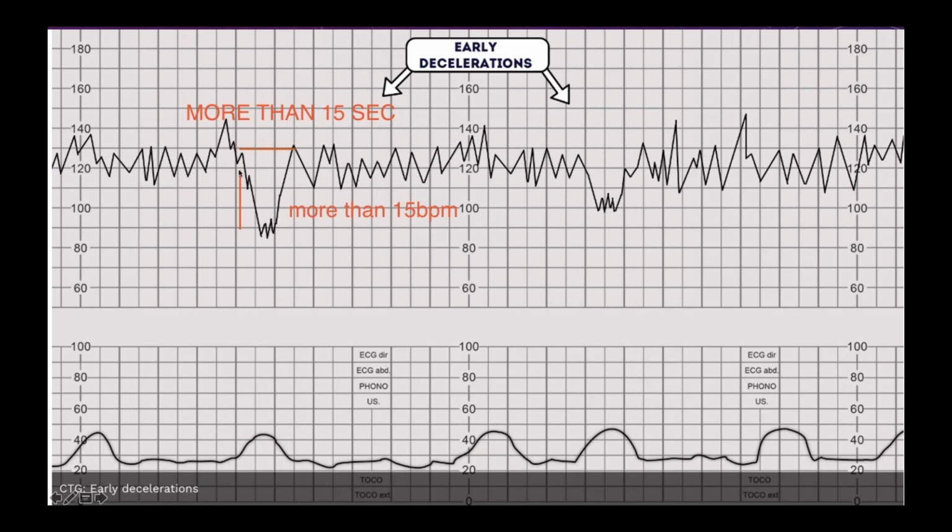And it is 3 boxes, meaning 30. So it is more than 15 beats and lasting more than 15 seconds. So it is a significant deceleration according to our definition, and as it mirrors the uterine contraction, it is an early deceleration.